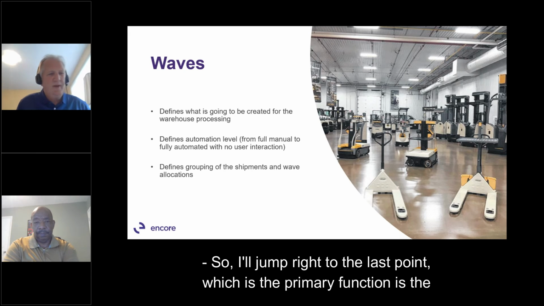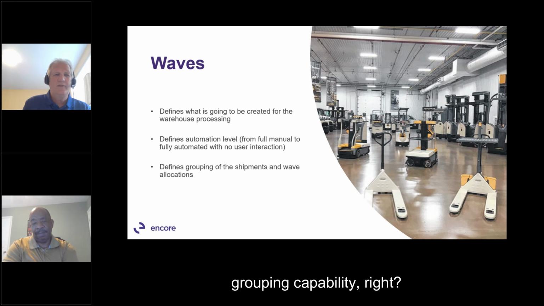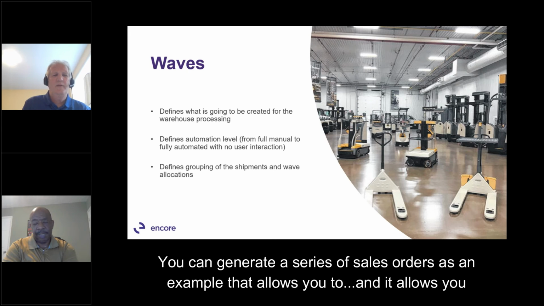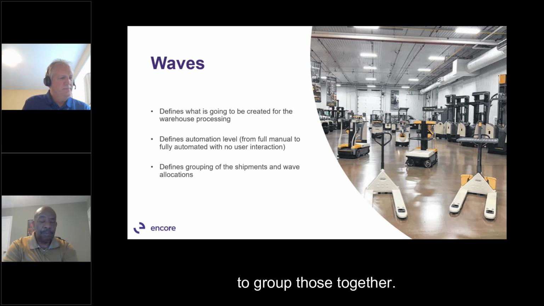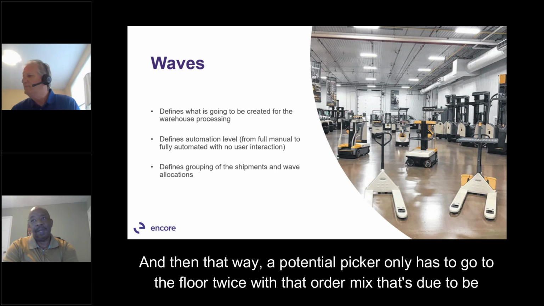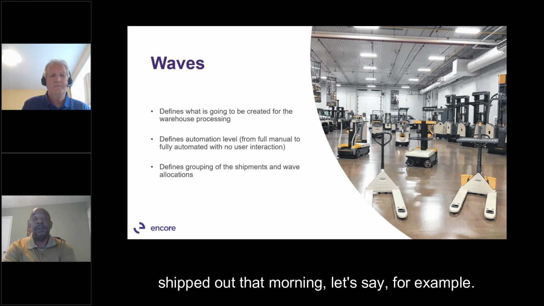So, I'll jump right to the last point, which is that the primary function is the grouping capability, right? You can generate a series of sales orders, as an example, and it allows you to group those together, so that a potential picker only has to go to the floor once with that order mix that's due to be shipped out that morning, for example.